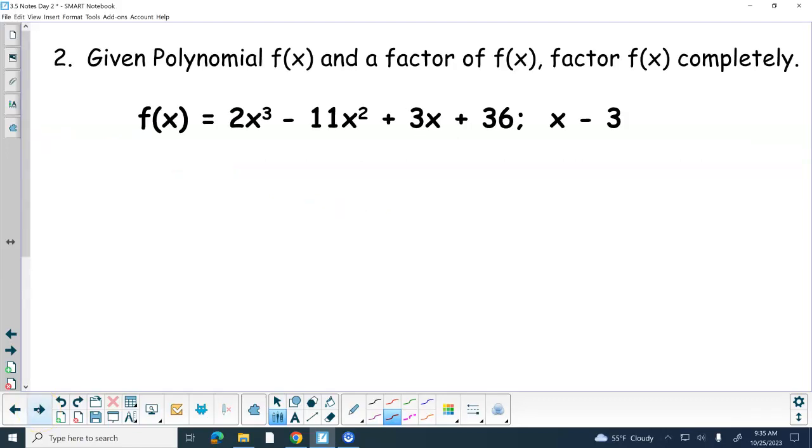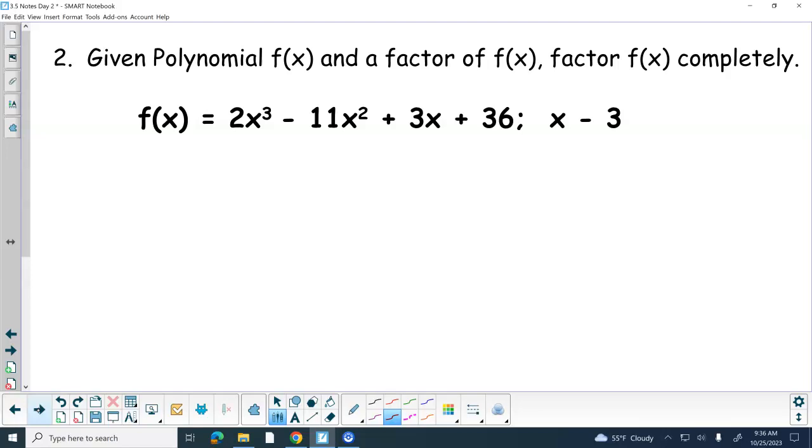Given the polynomial f of x and a factor of f of x, it says factor f of x completely. Which bus stop are we at? Bus stop number 2, right? Because we're at the factor bus stop. If you go to bus stop number 3, you are wrong, and I will mark it wrong.